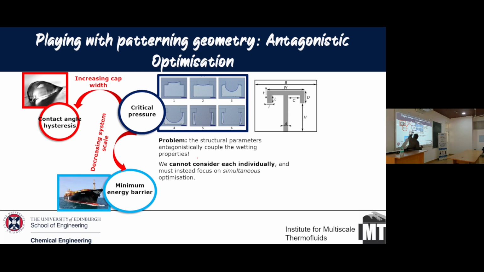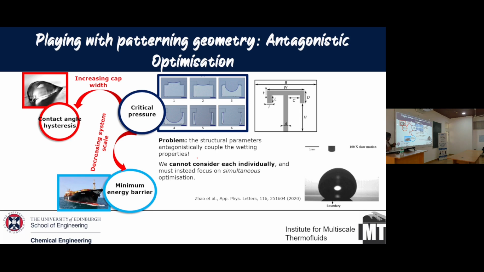If you go to smaller and smaller systems, critical pressure becomes less of a problem. It's basically the substrate energy which becomes more of a problem, and you want to make sure that you work against it if you want to have a Cassie-Baxter state. So all of these three parameters must be looked into when you want to consider optimization of a surface.